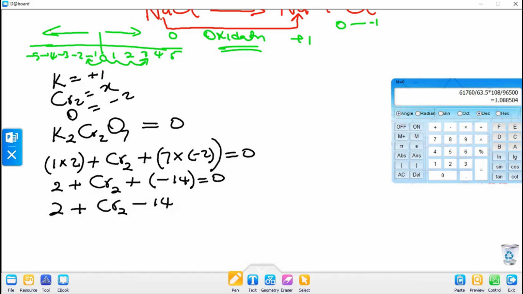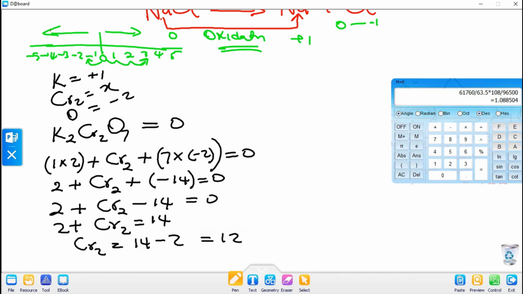So this gives us -14 equals this. So this gives us 2 plus Cr2 equals 14 as we take it over to the other side. So our Cr2 is equal to 14 minus 2 when 2 go over the other side, and that gives us 12. So it means that our Cr2 is 12.